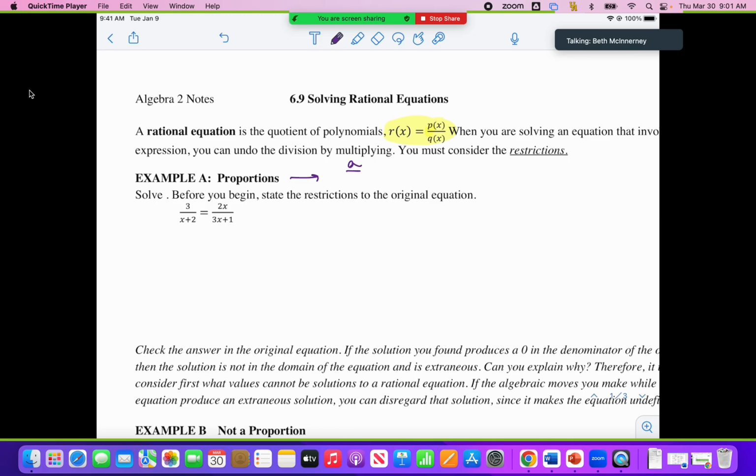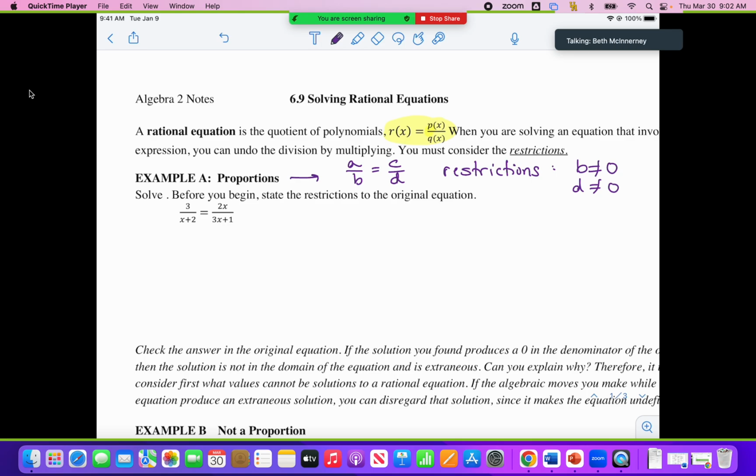A proportion is when you have one fraction equals one fraction, and then the restrictions are where the denominator can't be 0. So go ahead and jot that down. We're going to start off with a proportion as an example of a rational equation.